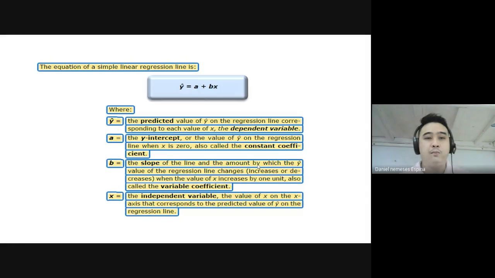Reminding again the equation for the linear regression. This equation is also used to compute the high-low method and even the least squares method.